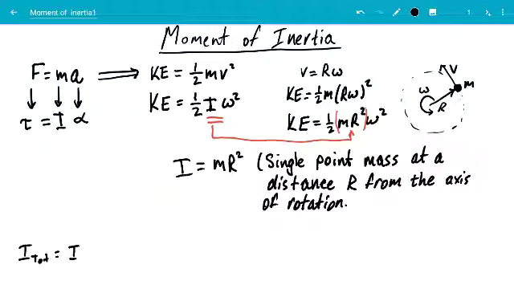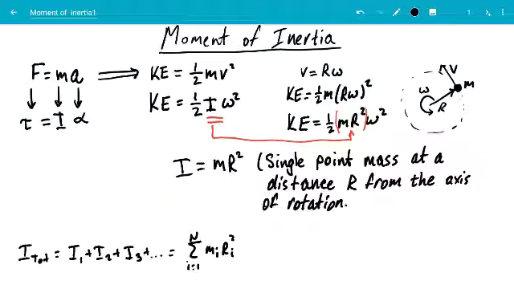We'll have that the total moment of inertia is just the sum of each individual moment of inertia, and so on and so forth. So that means that for multiple bodies moving together, the total moment of inertia is going to be the sum of m_i r_i squared, i equals 1 to n.